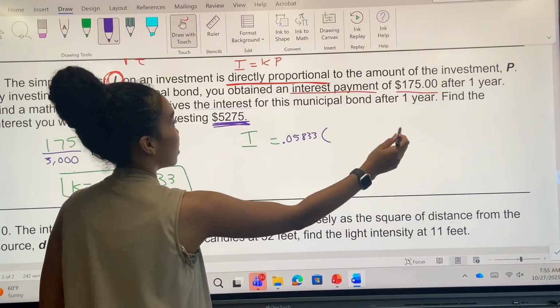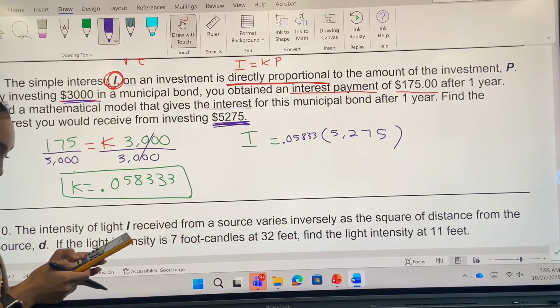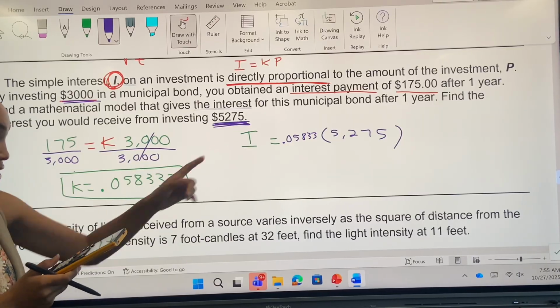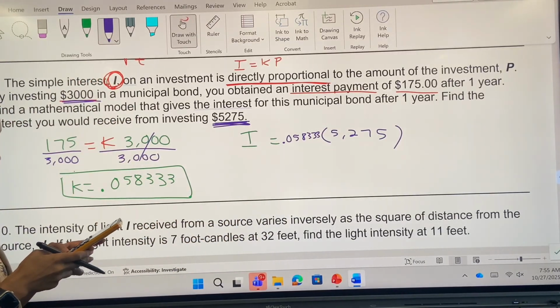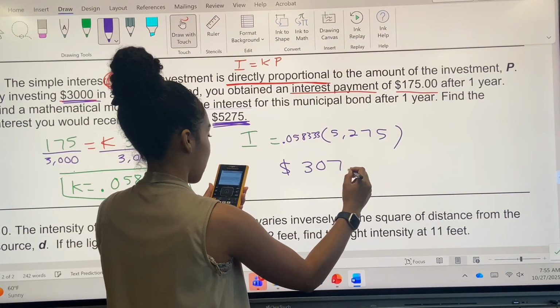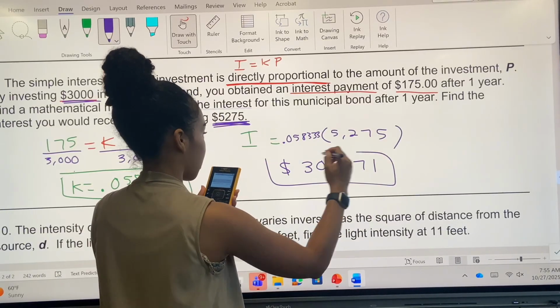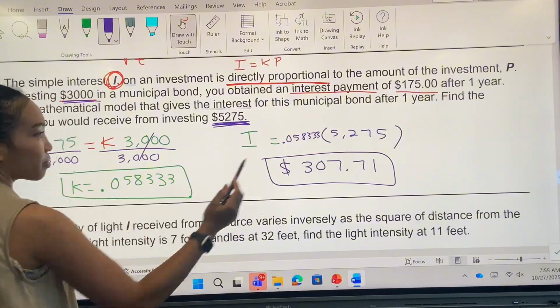We're plugging in 5,275. So I'm going to multiply 0.05833 with 5,275. And I got $307.71. You just multiply these two together.